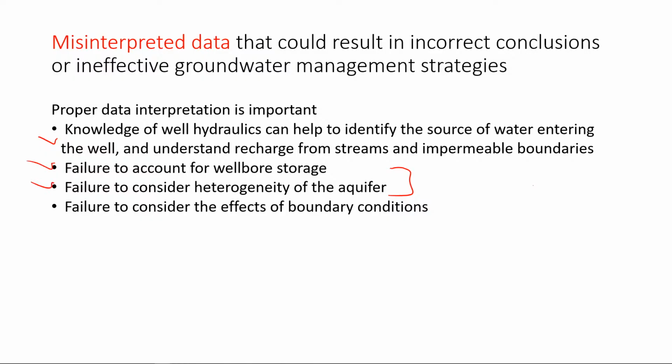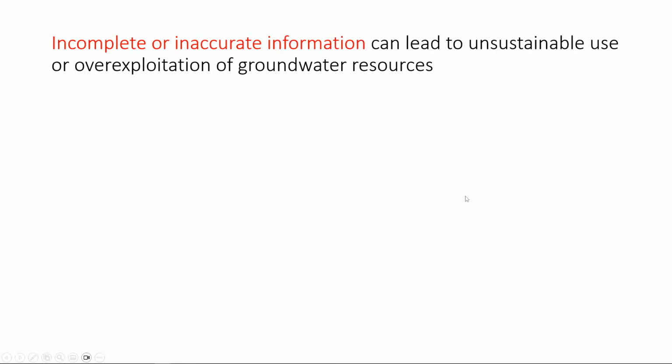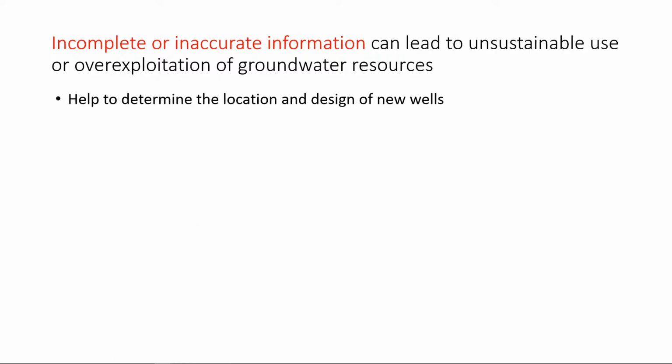I considered heterogeneity. I considered the effect of boundary condition, and I did my analysis correctly. That's not actually the end of the story, because sometimes you could have incomplete or inaccurate information, and that could lead to unsustainable use or over exploitation of your groundwater resources. So sustainable groundwater management is the central topic in water resources management.